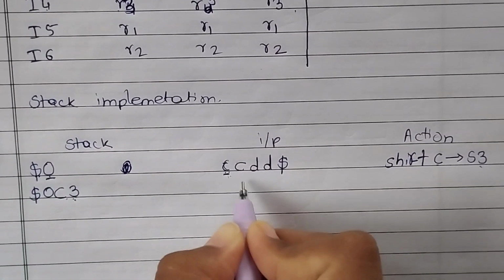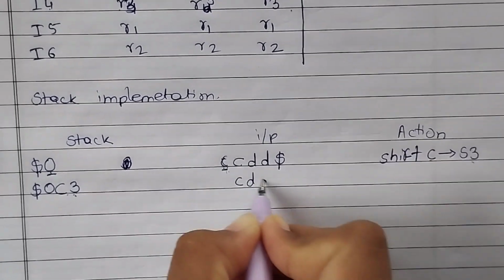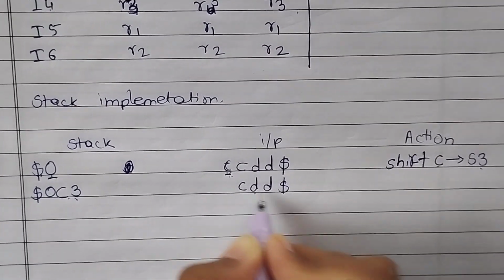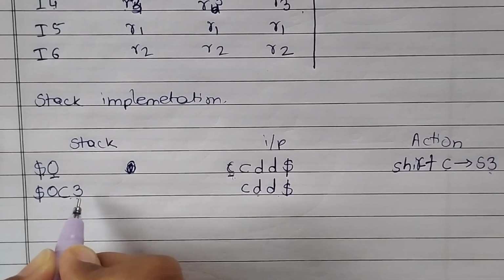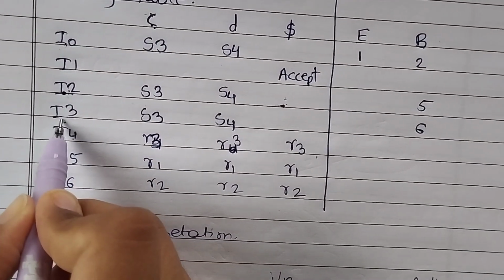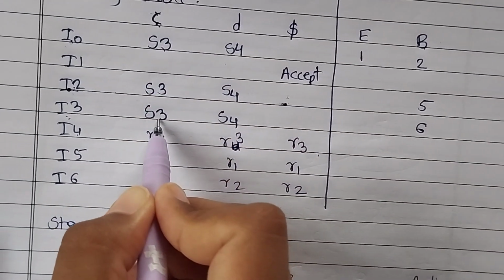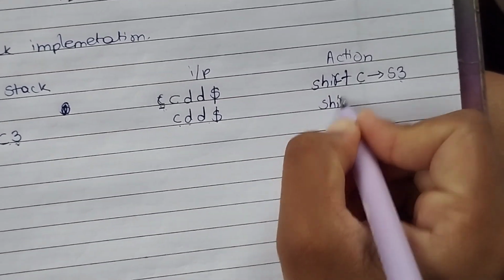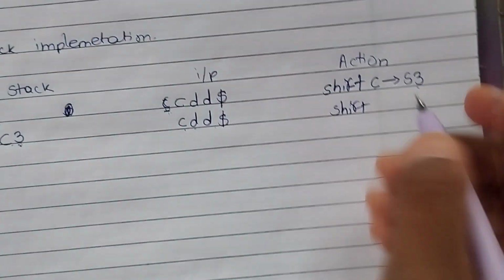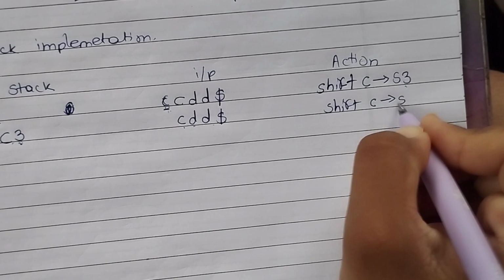Now the remaining string is as it is, opening bracket DD. This 3 is nothing but I3. Now I3 and opening bracket is S3. S3 means shift. So we shift again this opening bracket with S3.